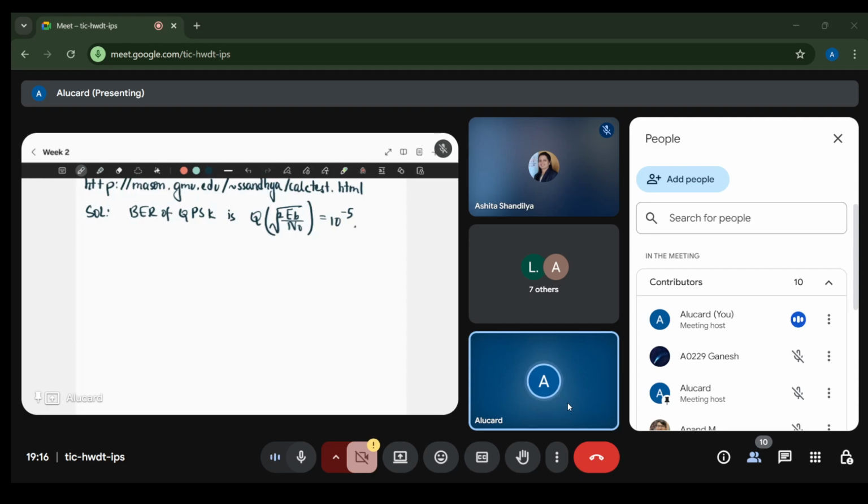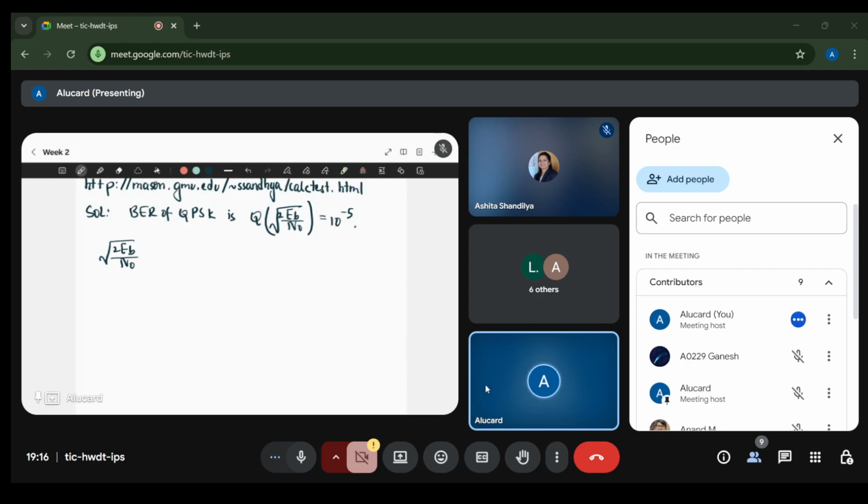You do the inverse Q function and you'll find out the inverse Q of that is 4.26 something.